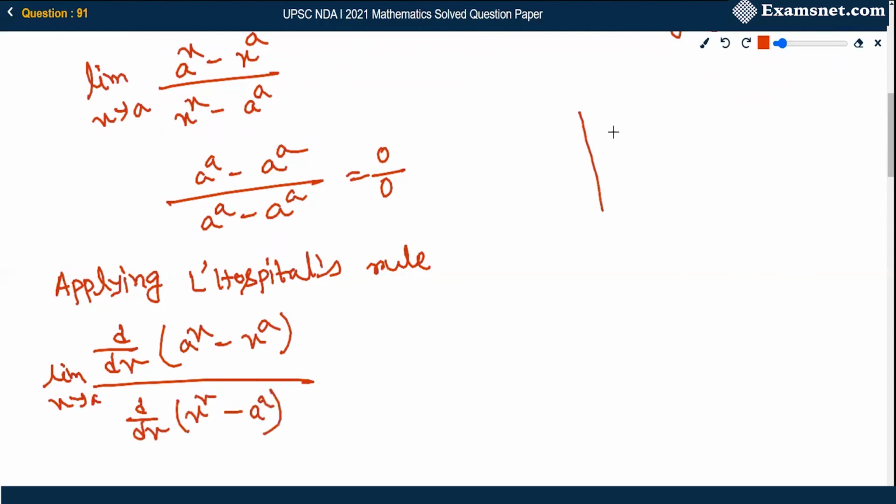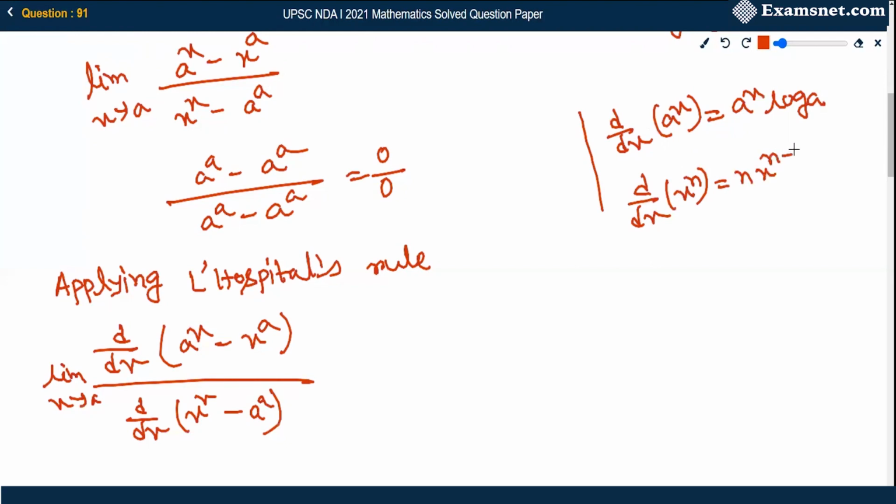First of all, let's remember some differentiation formulas. If we differentiate a to the power x, we will get a to the power x log a. Next, if we differentiate a polynomial x to the power n, we will get n x to the power n minus 1. Now we will differentiate x to the power x.